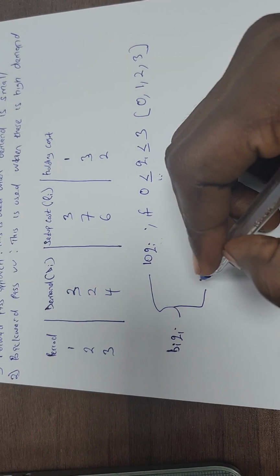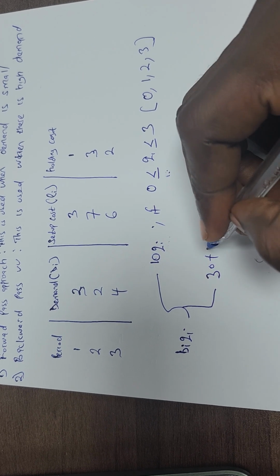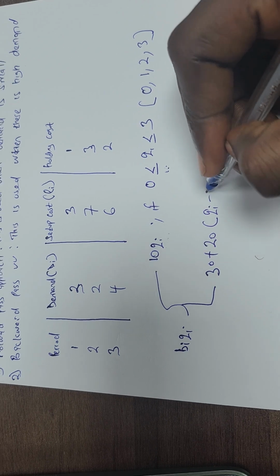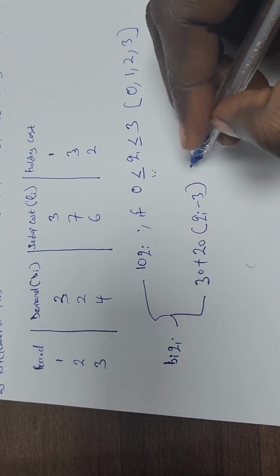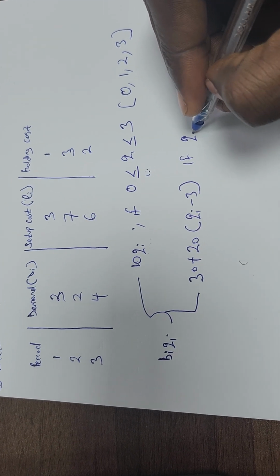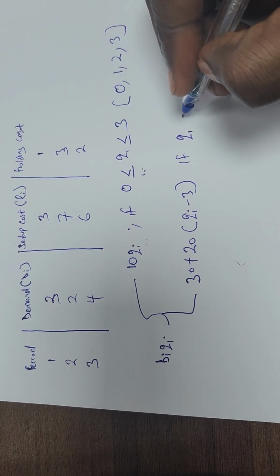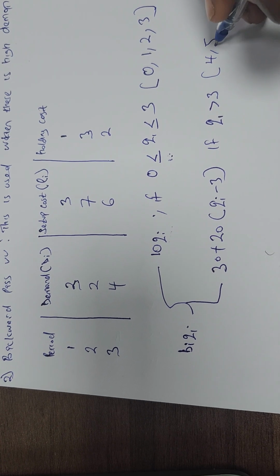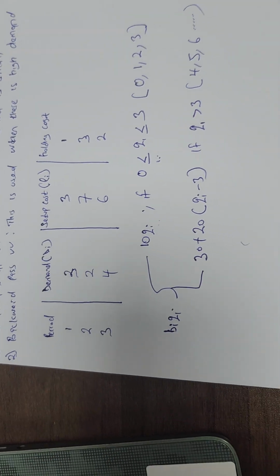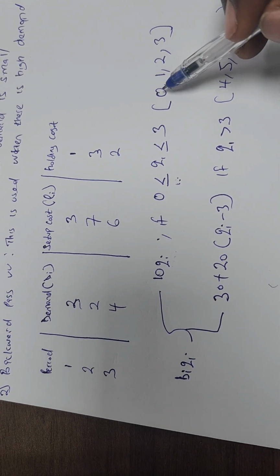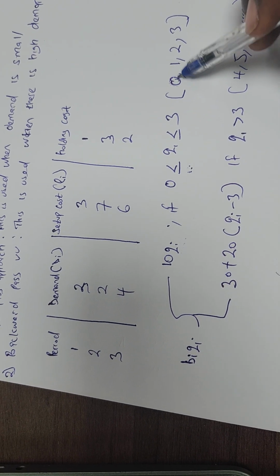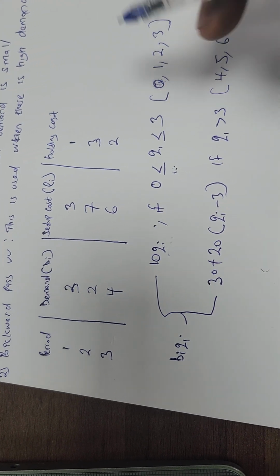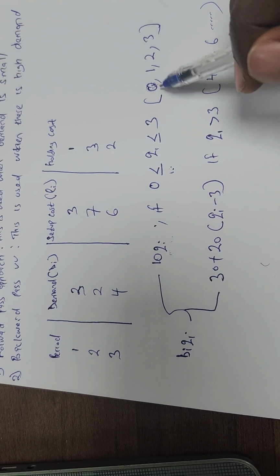And for this, it is 30 plus 20 (q_i minus 3). And this holds its validity if the quantity we have to produce is greater than 3, that is, if it is 4, 5, 6, like that. I'm very sure you'll be wondering why we are going to use this when 0 is already involved, but as we progress, you will see what this means.